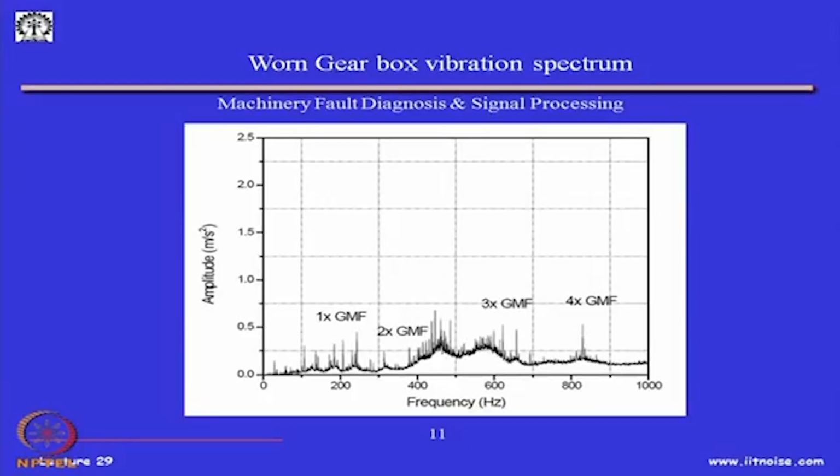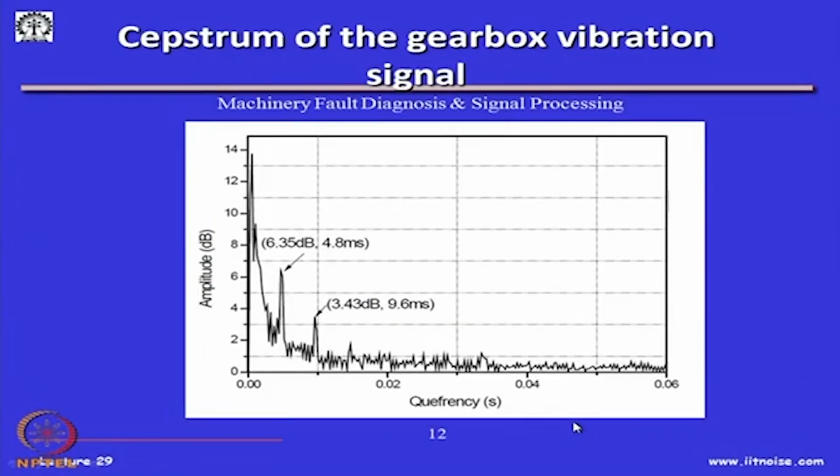What I wanted to show you here is that the gearbox sidebands around the GMF have to be found out by the cepstrum analysis. The cepstrum of the gearbox signals, this is in dB, will give you certain quefrencies. The inverse quefrency will be related to the rotational speed of the pinion or the gear, or there are multiples. In this case, there is a strong multiple. So, you will see which one is more at fault.